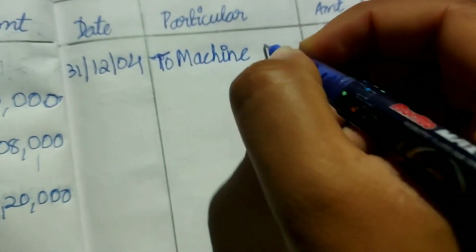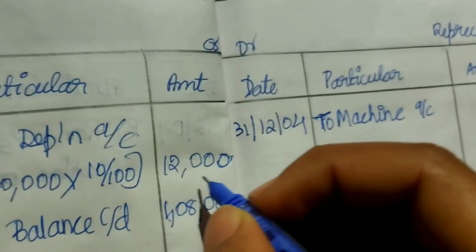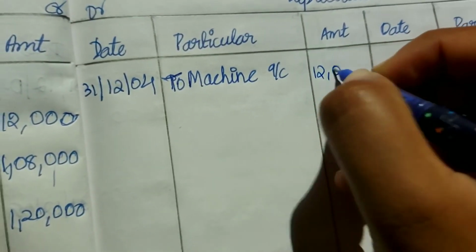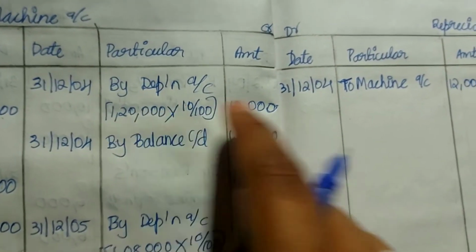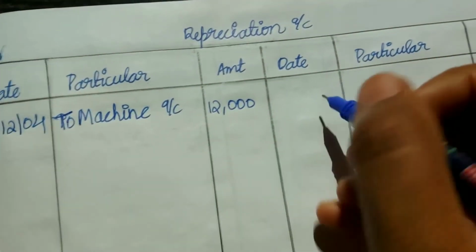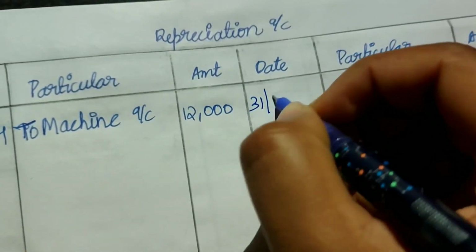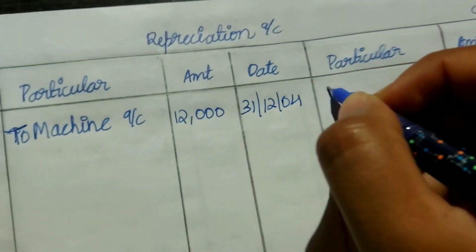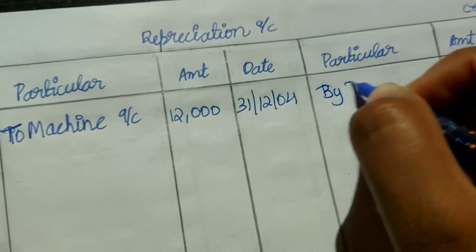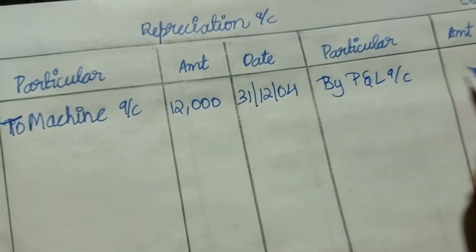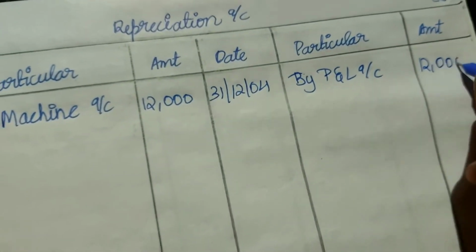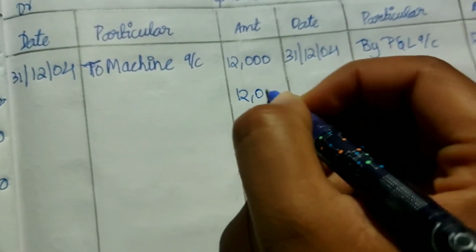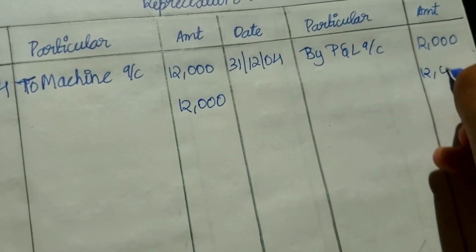To machine account, the depreciation value is 12,000. So I'm writing 12,000. The same date should be taken here. By profit and loss account, 12,000. Tally it, 12,000, 12,000.